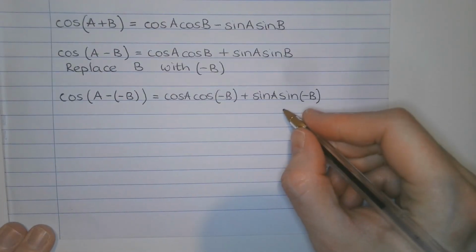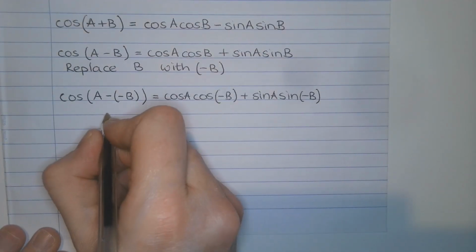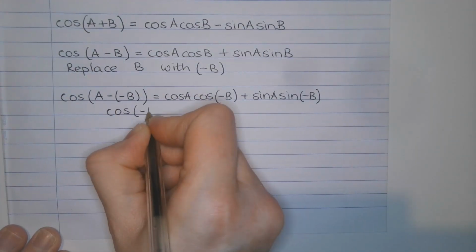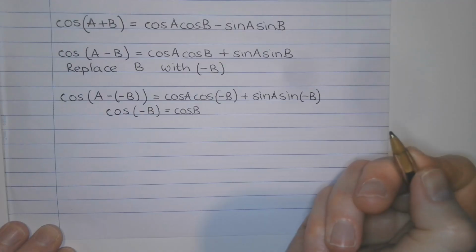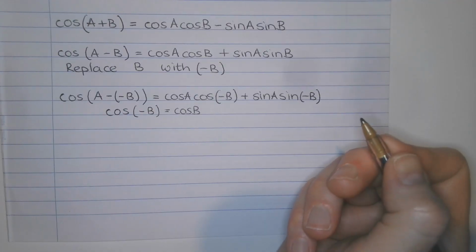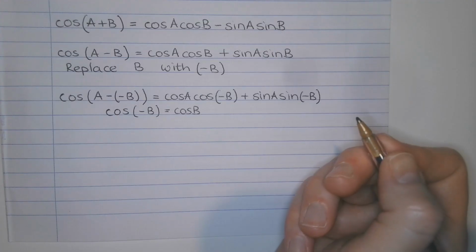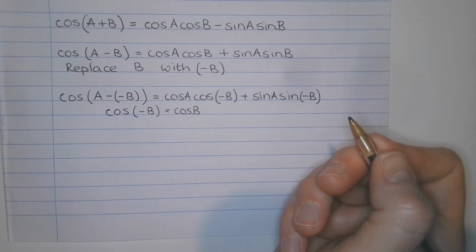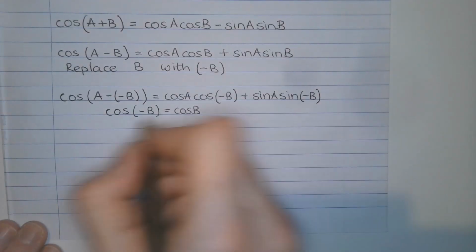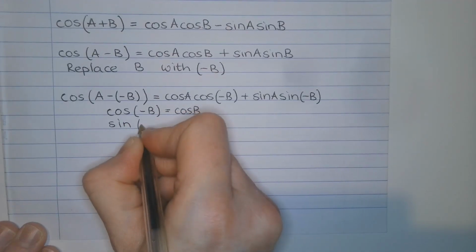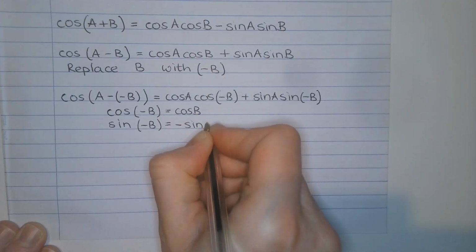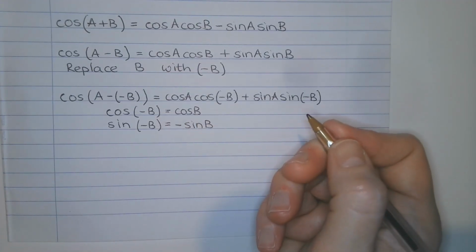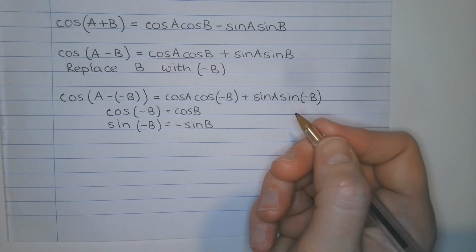Some things that we need to make sure we understand from here is that the cos of minus B is equal to the cos of B. That can be found on page 13 in your log tables book. And also that the sine of minus B will be equal to minus the sine of positive B. Again, on page 13 in your log tables book.